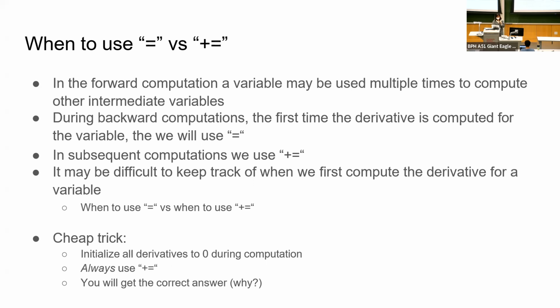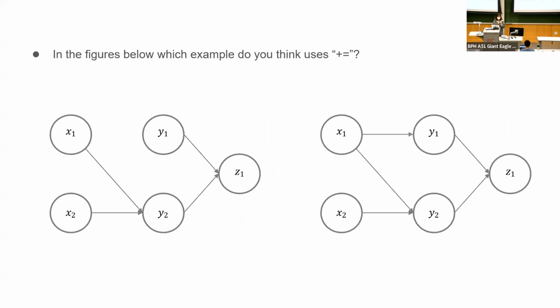Can somebody tell me in those two figures, which one should we use plus equals to aggregate the derivatives? If you are using the cheap trick, you can use both.